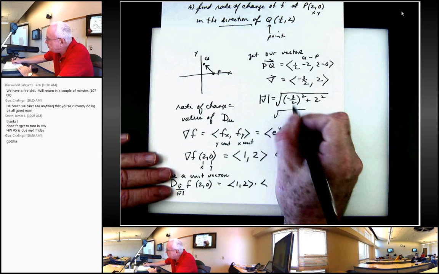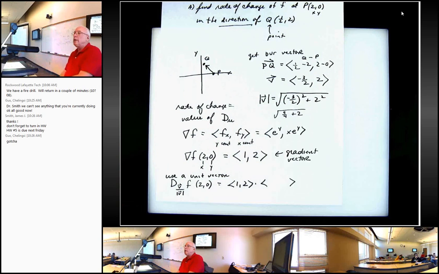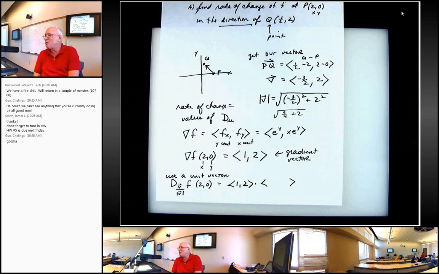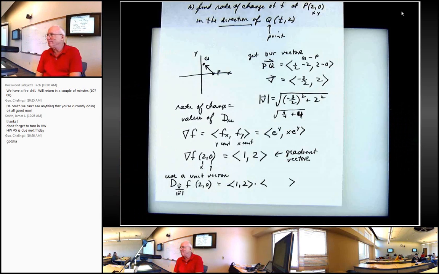Minus 3 over 2 squared is 9 over 4, and then we have a 2 squared, which is 4. And so we have to combine these into a single fraction.